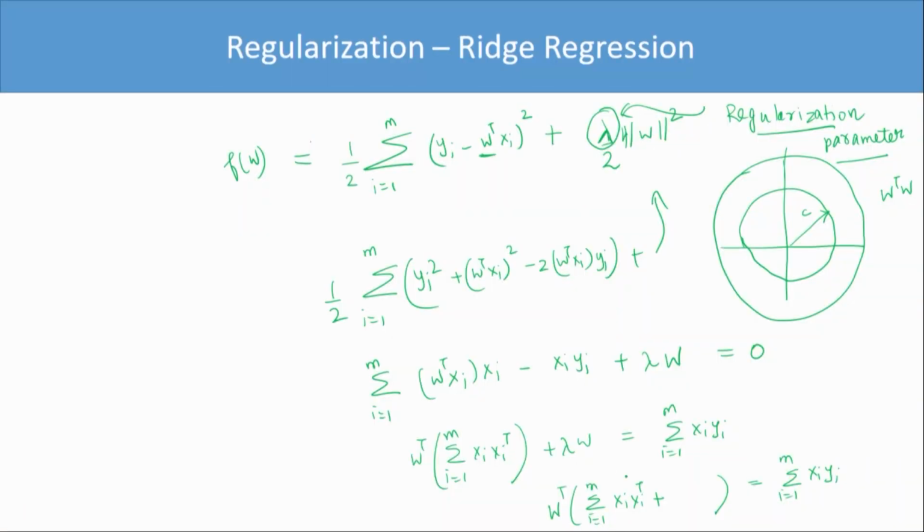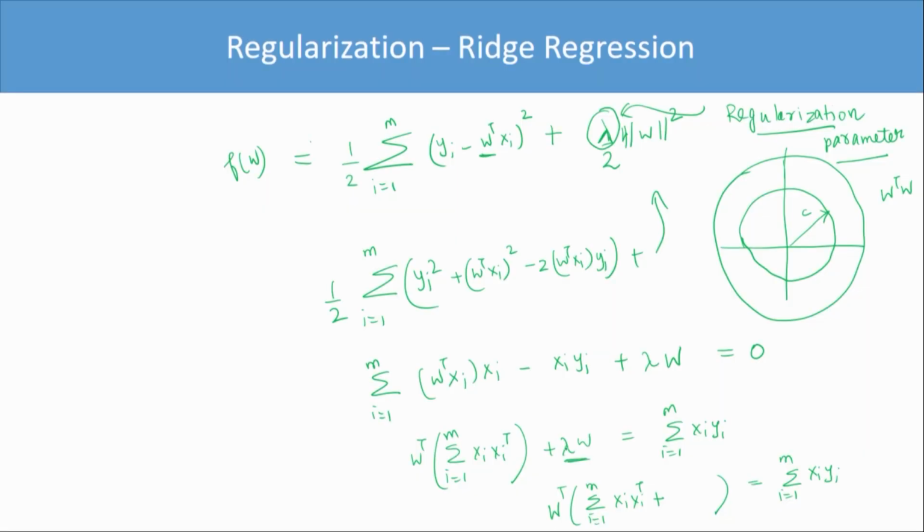Is this a number, matrix or vector? This is a matrix, right? So what can I add here? I should add a matrix, right? So only matrices can be added. So what matrix? If I take w out from this, what is the matrix that gets added here? Lambda? Sorry? Lambda into I, that's correct, right? So this is an identity matrix because this w can be seen as like w transpose I, right?